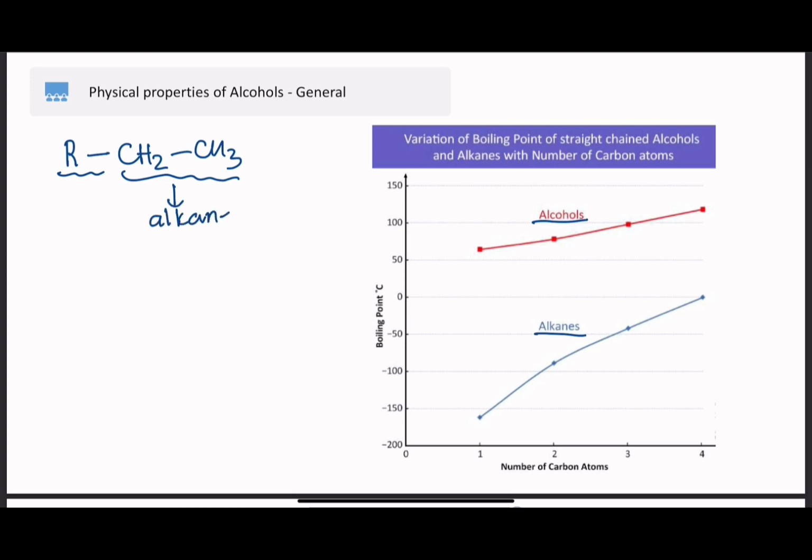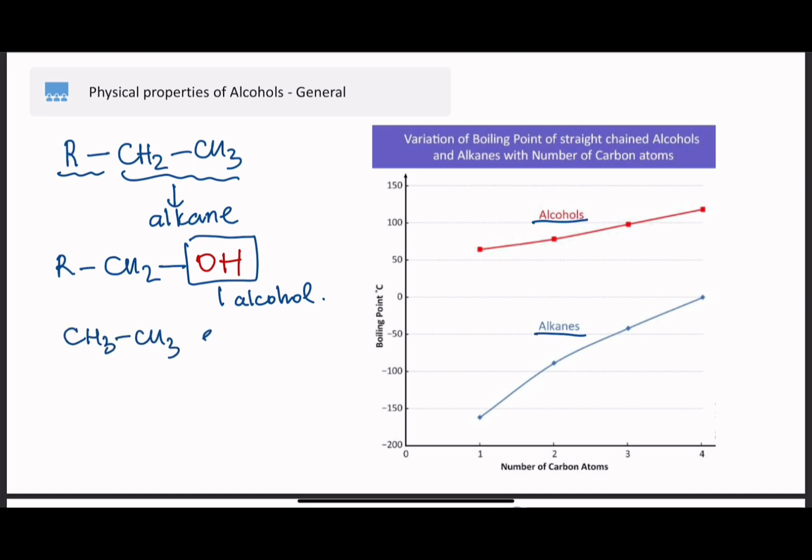But when you have RCH2 and OH, you need to know that this functional group is alcohol. For example, CH3CH3 is ethane, right? And when I have 2 carbons and I attach OH here, it will be ethanol.